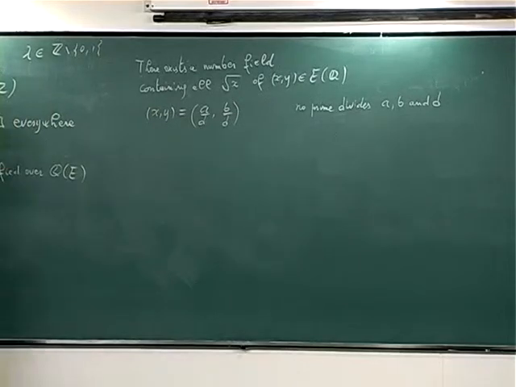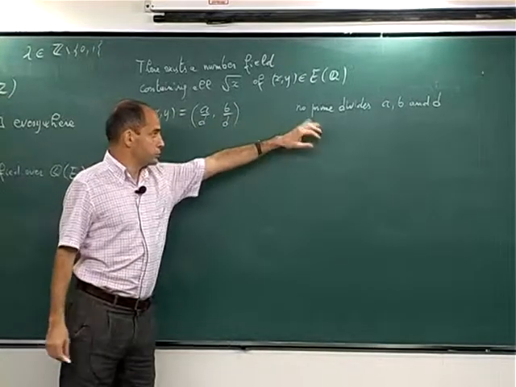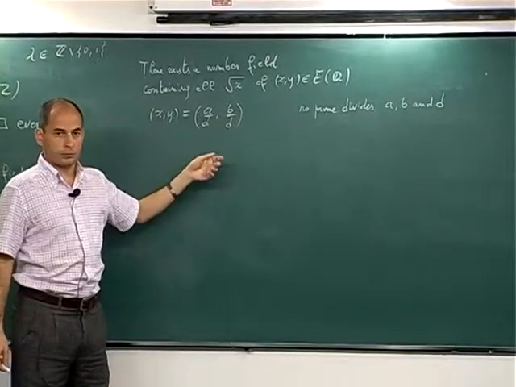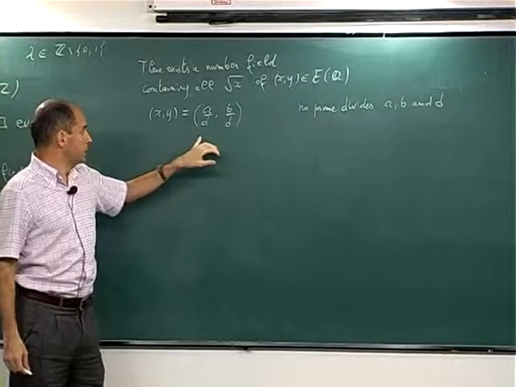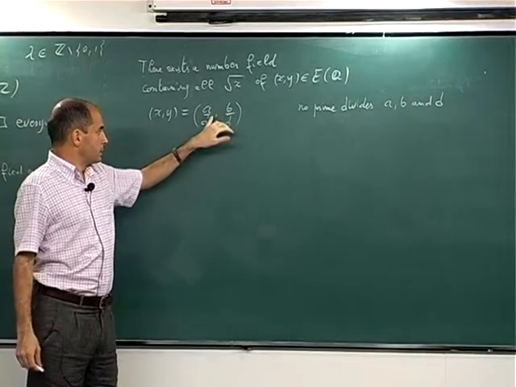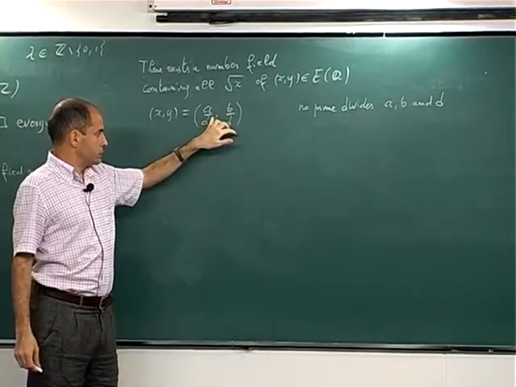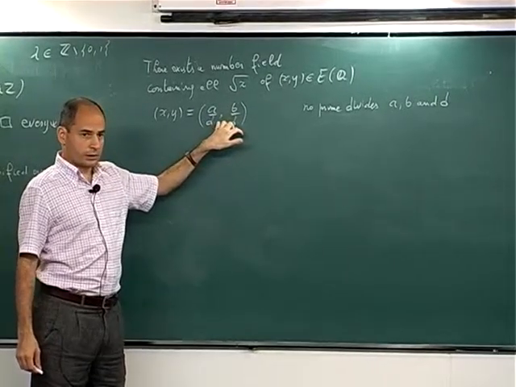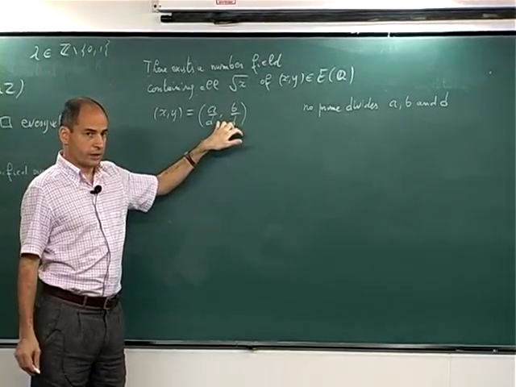And I'd like to prove that apart from finitely many primes, which will be found explicitly, each prime will divide the rational number A over D an even number of times.